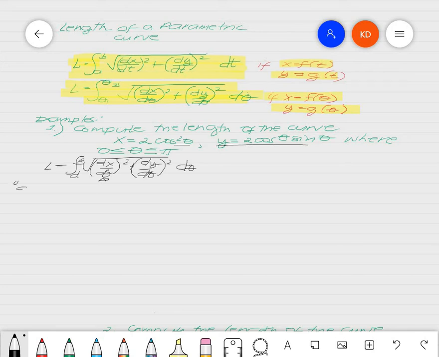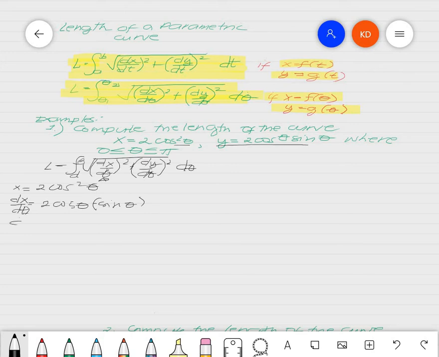Let's start with the x value first. x is equal to 2 cosine squared theta, so we need to find the first derivative and then square it. This is equal to 2 cosine theta, then the derivative of cosine theta is negative sine theta, d theta.